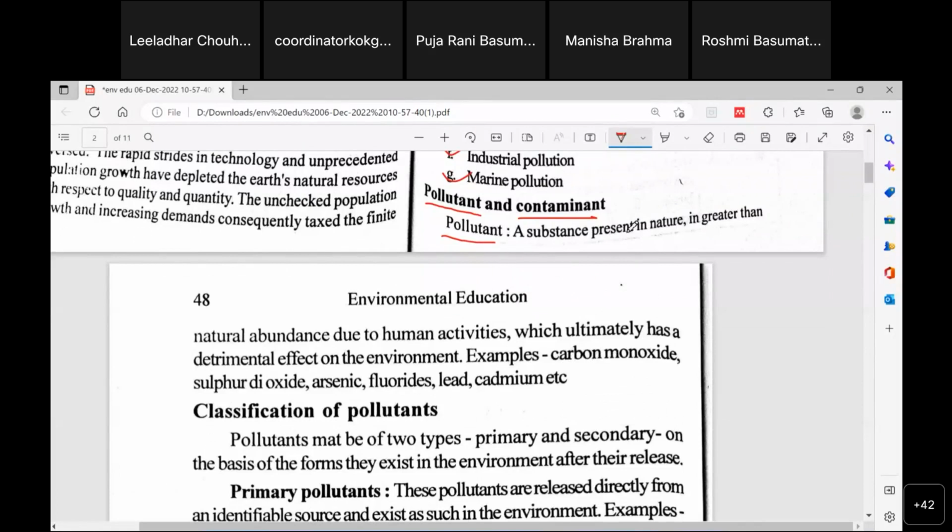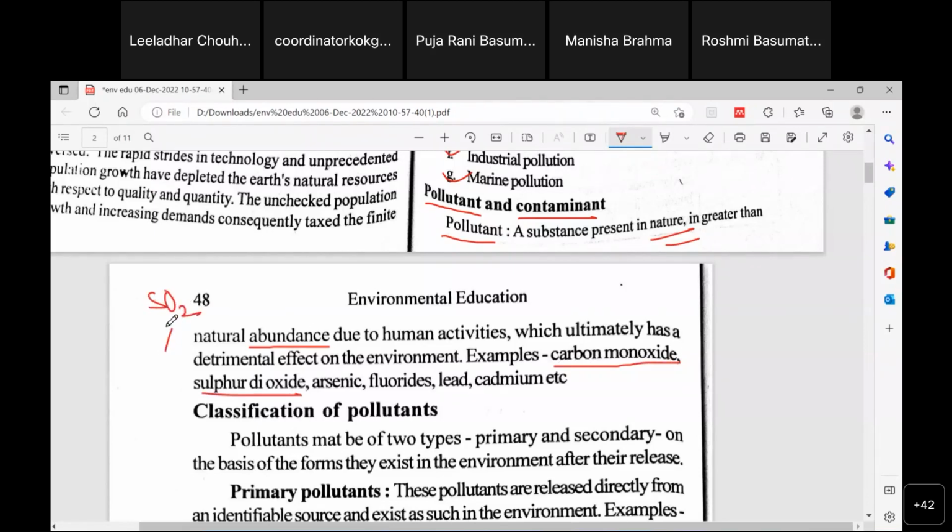Any substance which comes in nature, but is greater than its natural abundance. Whatever value it should have in our environment, if it is more than that, then it is a pollutant. One example is carbon monoxide, sulfur dioxide. You know, sulfur dioxide, the formula is SO2.